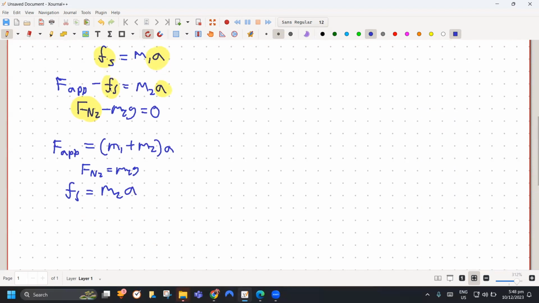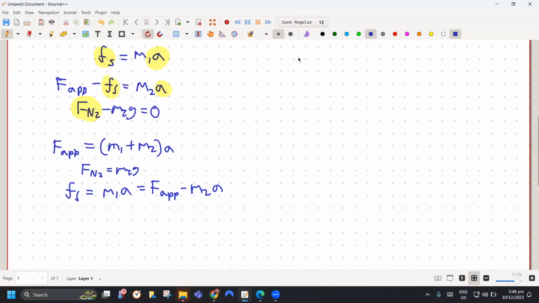Is it M1A or M2A? Look at those two equations, the first two.